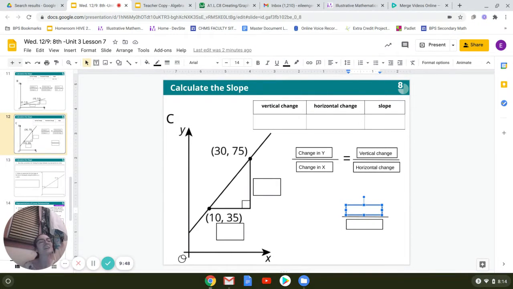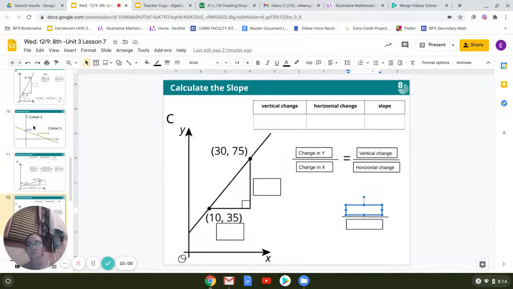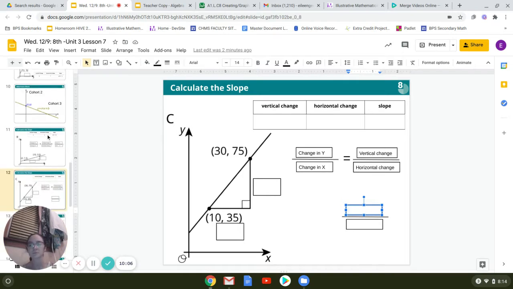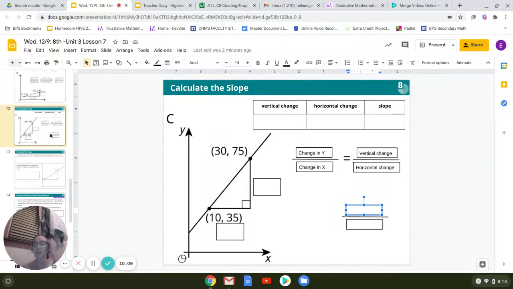What do we think? Creating the slope of this line. And another 10 more seconds.